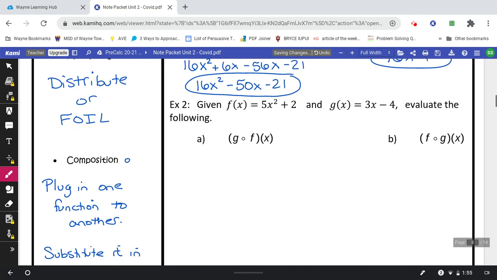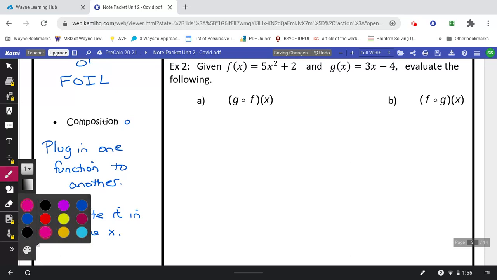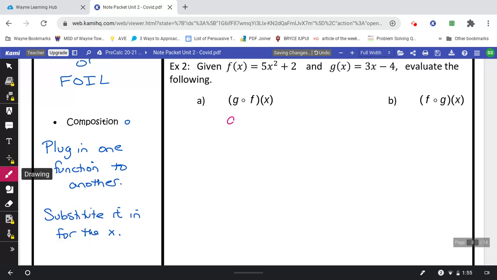Let's practice that composition a little bit more. So look down at example number 2. You have two new functions. Now your f and g are different than they were on example 1. So for part A, we can also write it as g of f of x. And f is going to go into g. So you could do a little arrow like that.